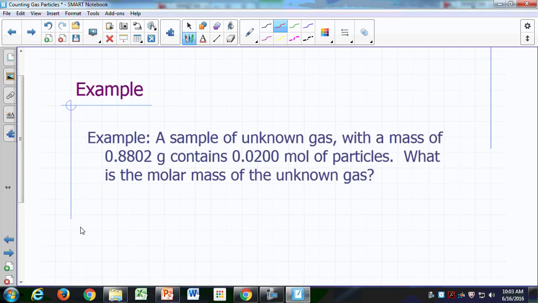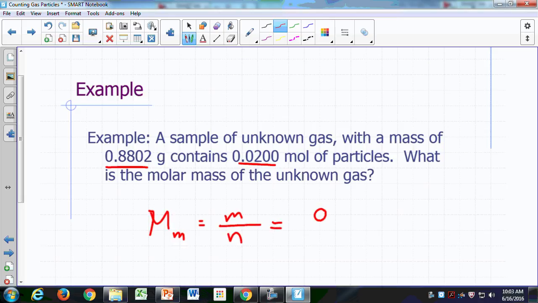Let's say you have an unknown gas, and you find out the mass of that gas to be 0.8802. And using pressure, volume, temperature measurements, let's say you found that it contains 0.0200 moles of gas particles. What's the molar mass of the unknown gas? Then you say molar mass is mass over number of moles.